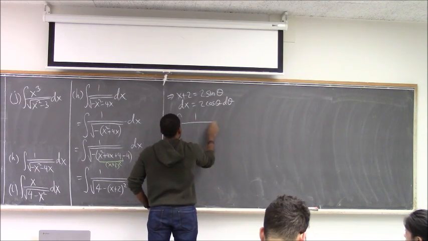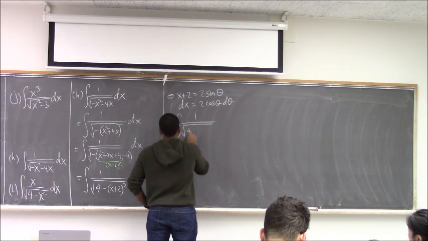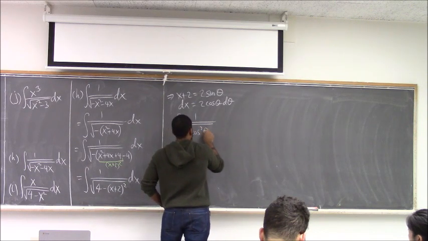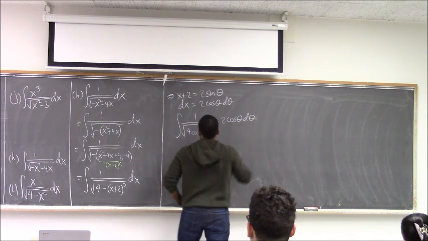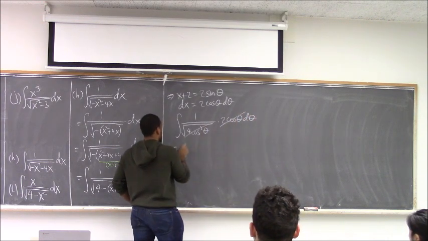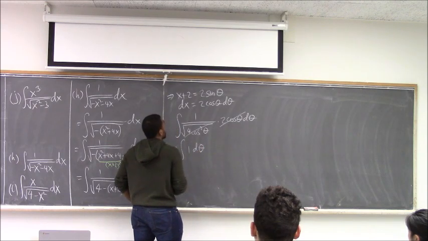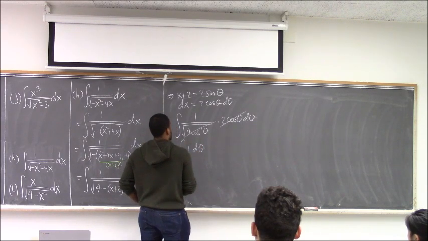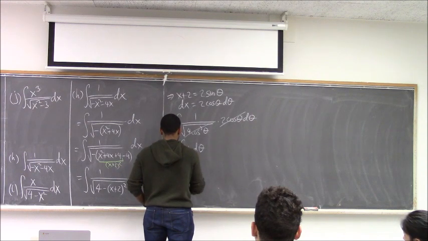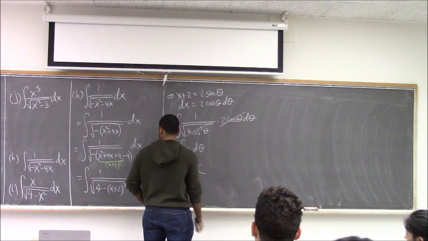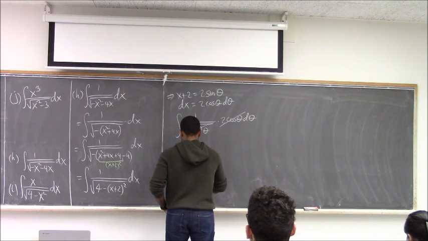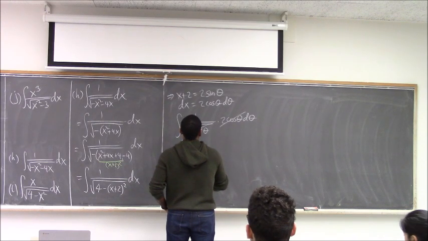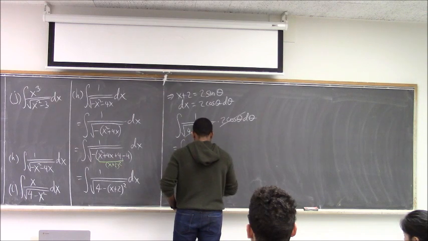Plugging into this, you would have 4 cosine squared on the bottom, times dx is 2 cosine theta d theta, and this actually cancels all of that, so it's just the integral of 1 d theta. And so that's just theta, which is sine inverse of x plus 2 over 2.